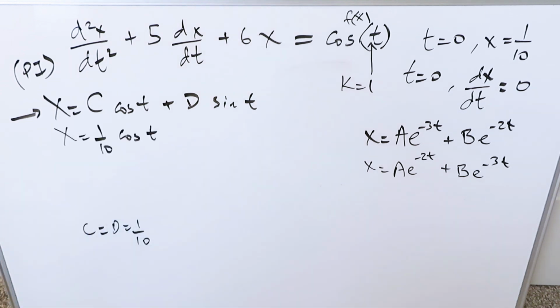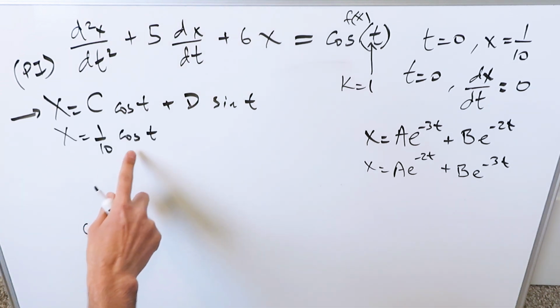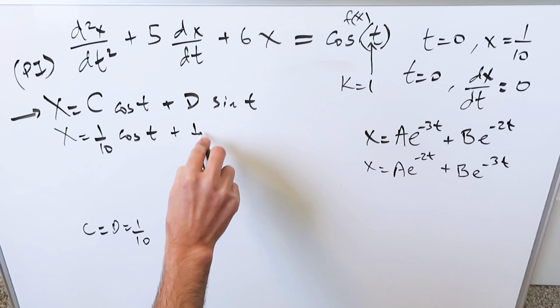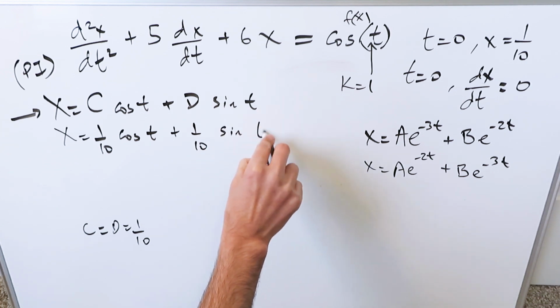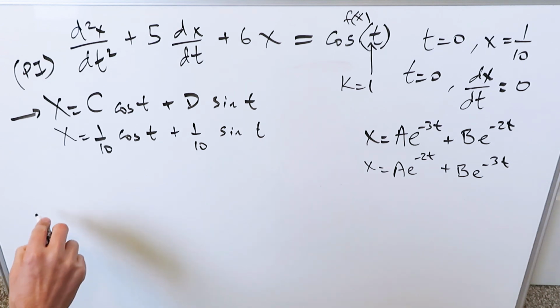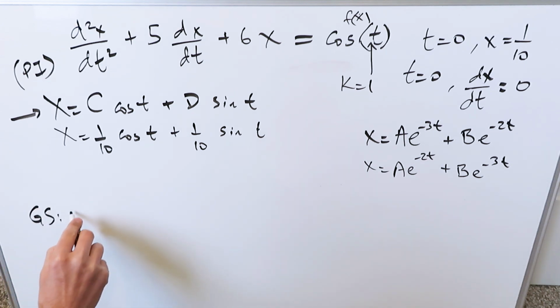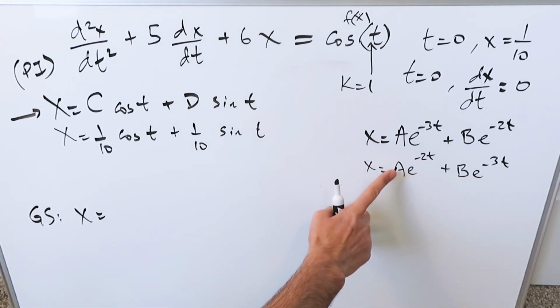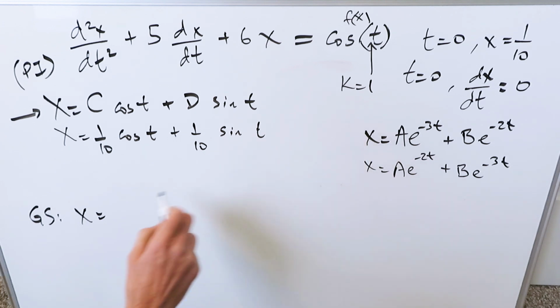Let's bring them in. My particular integral will be x is equal to 1 over 10 cosine t plus 1 over 10 sine t, because c and d are 1 over 10. Now we have to post our general solution. Our general solution is going to be x is equal to, pick one of these. It doesn't matter, I'll pick the top one.